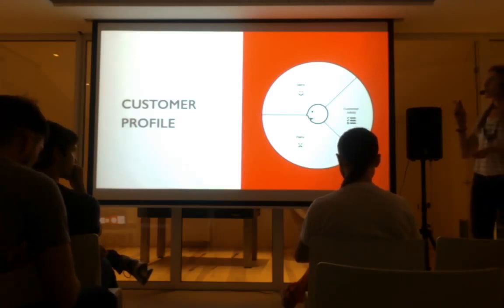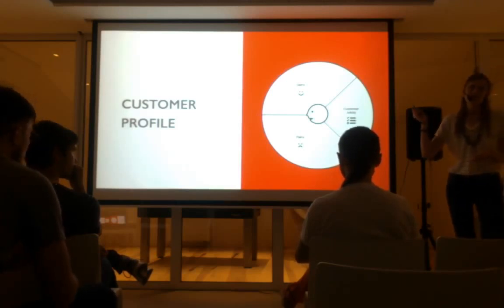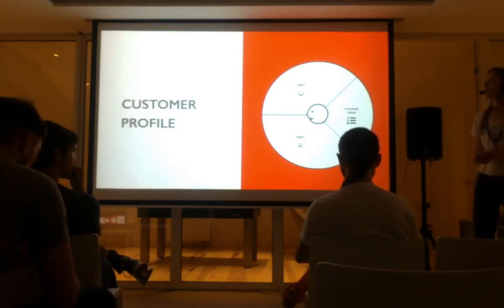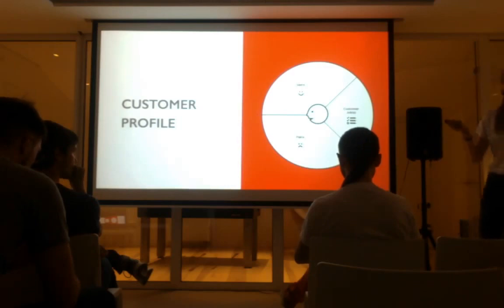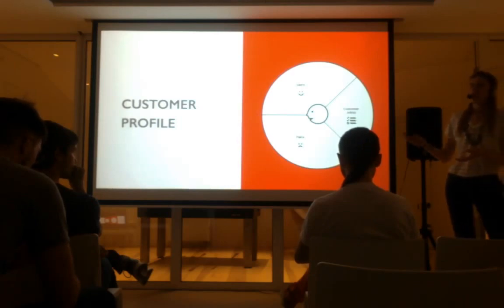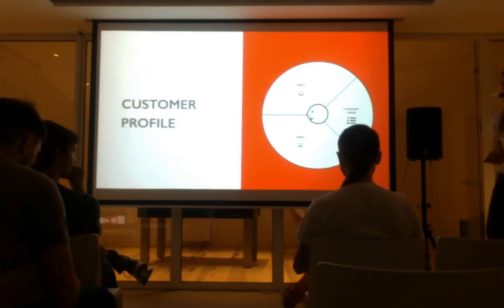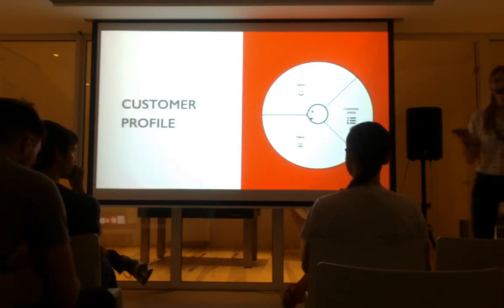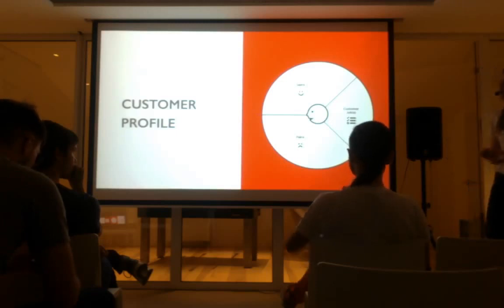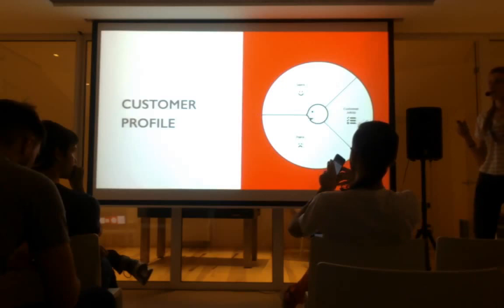Then we list what gains they want, what they want to feel, why they are choosing, why they're using these products, what's the outcome of it, and then pains. What pains she has, what happens if she uses a bad product, or if she cannot find the product she's looking for.